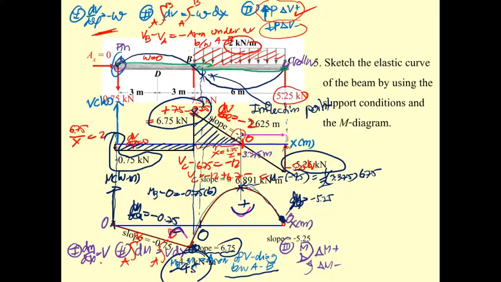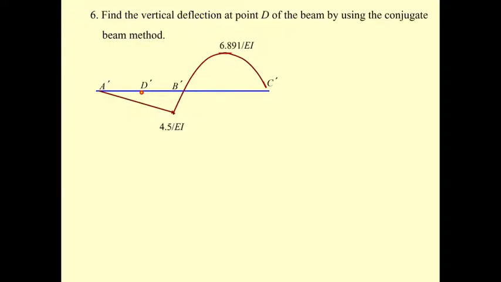When we sketch the elastic curve, considering the support condition and moment diagram, we get the curve as shown here. Next, we are going to determine the deflection at point D by using the conjugate beam. That means we are going to determine M sub D prime. Again, the external pin and external roller are the same between the real beam and the conjugate beam.